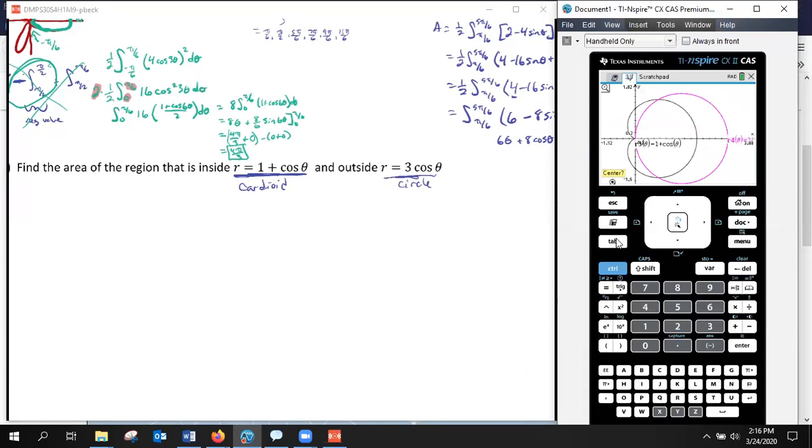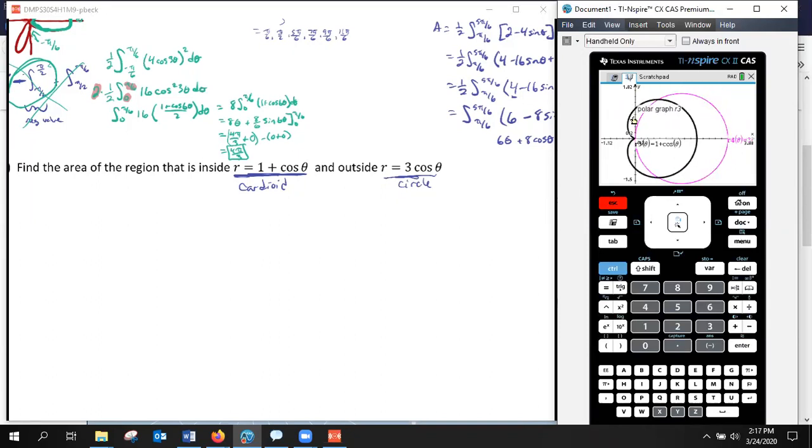And now, if we want to know the region inside the cardioid but outside of the circle, what I'm going to be looking at is this region right here. So I'm looking at this region right here.